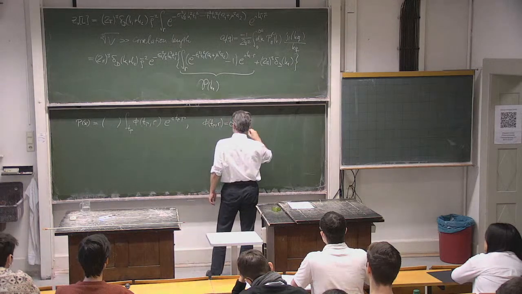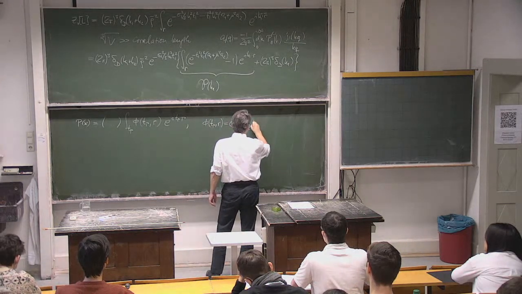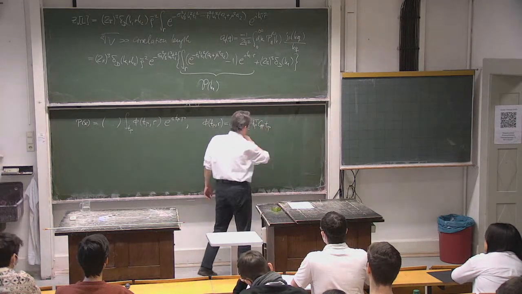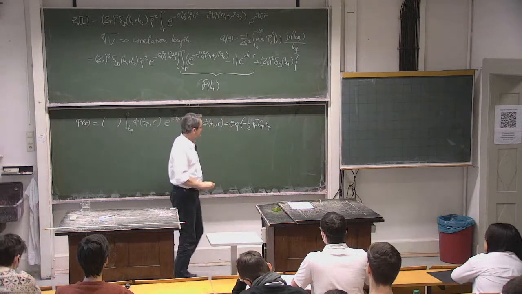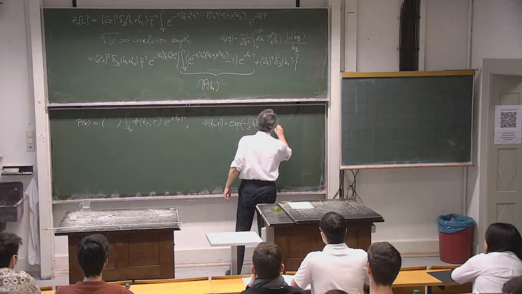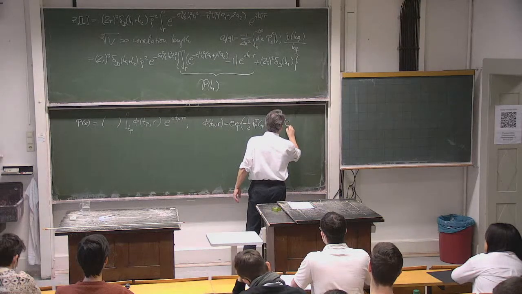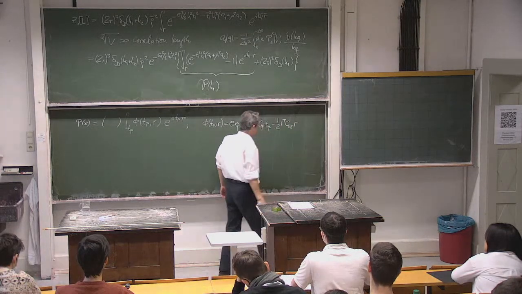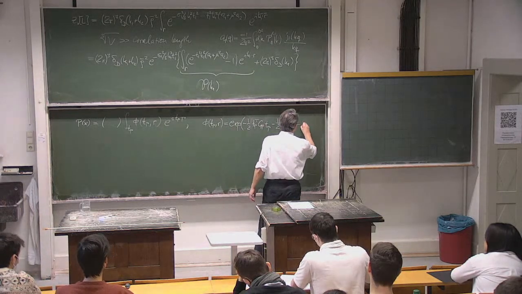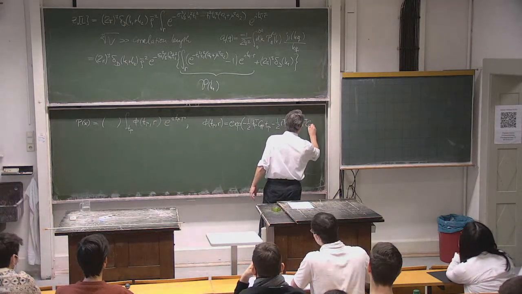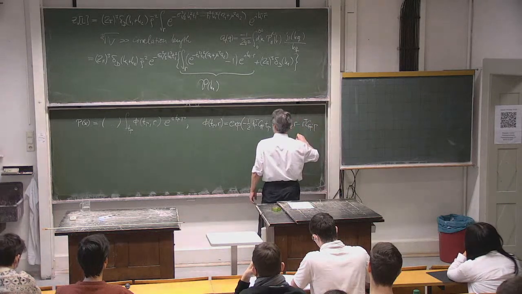Exponential of minus a half, now, T_P transposed C_PP T_P. That was the probability distribution for the T_Ps here. Then minus a half R transposed C_delta delta times R. And then minus R transposed C_delta P times T_P.